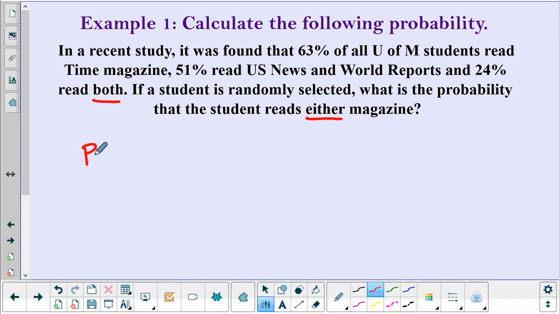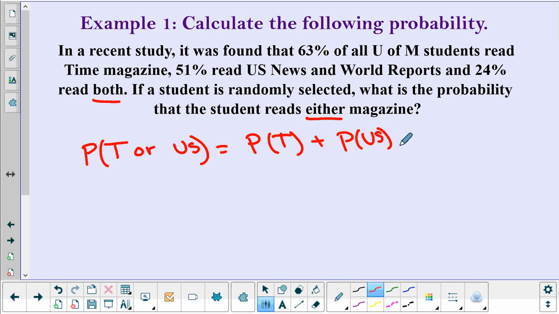So the probability that a student reads Time or U.S. News and World Reports looks like this. It's the probability that a student reads Time plus the probability that a student reads U.S. News and World Reports minus the probability of what I like to call both. Or in other words, minus the crossover.